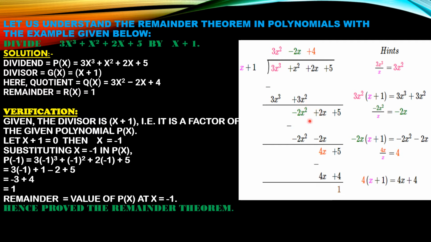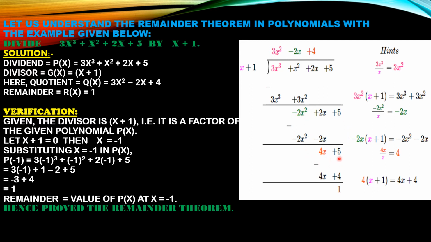Now minus 2x square divided by x gives minus 2x, as the second term of our quotient. When we multiply minus 2x with x plus 1, we get minus 2x square minus 2x. After subtracting, this will become 4x, that is 2x plus 2x, 4x plus 5, and 2x square will be cancelled out.